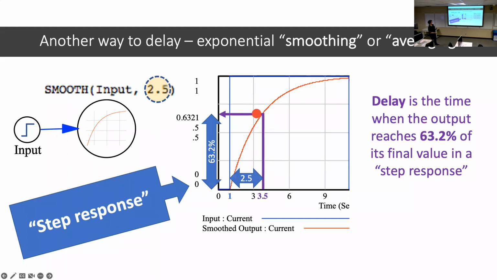So I would say that the time constant here is 2.5 seconds, and that's where I would put 2.5 into this smooth inside Vensim in order to calibrate this to match the dynamics of the real world. So we do step responses in the real world to figure out what these smoothing delays are that we can then put into our models so that they're matched to the real world. So any questions about this? What do I mean by a step response?